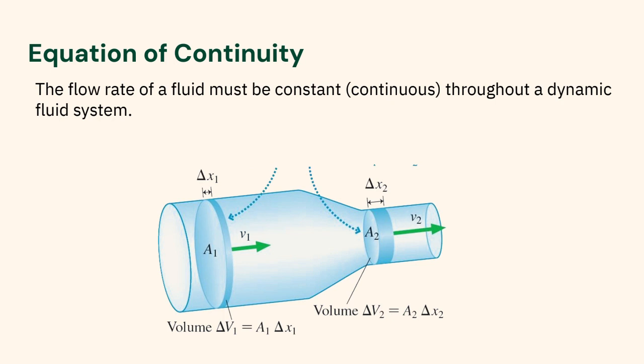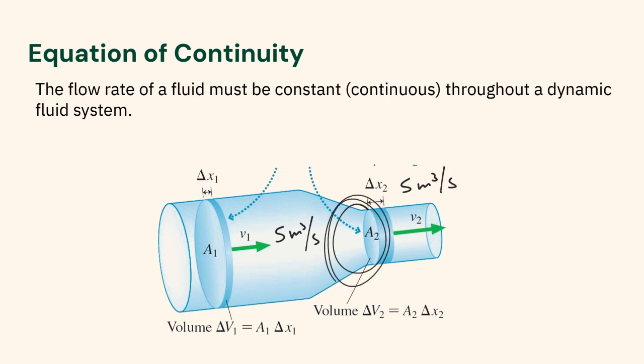So, for example, if you have a wide pipe that has 5 meters cubed running through it per second, then in the small pipe that follows it, like you can see here, here's the large pipe and here's the small pipe. If this first part is pushing 5 meters cubed per second, then the small part must also be pushing through 5 meters cubed per second.